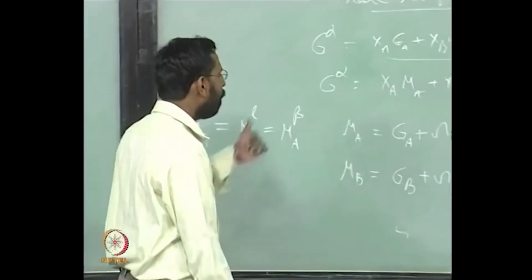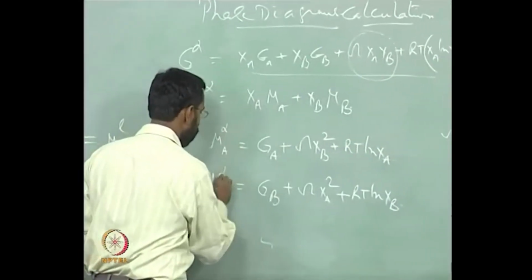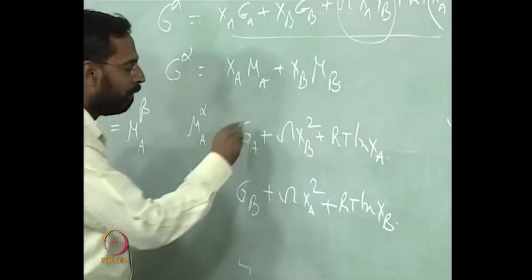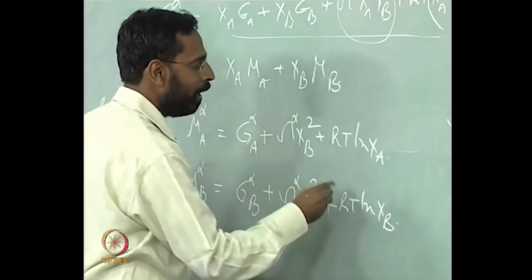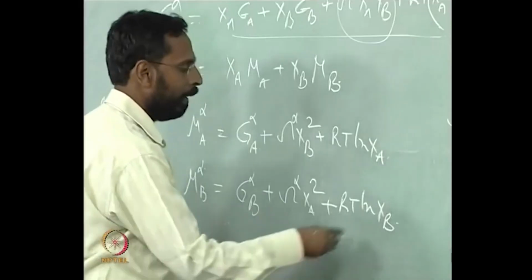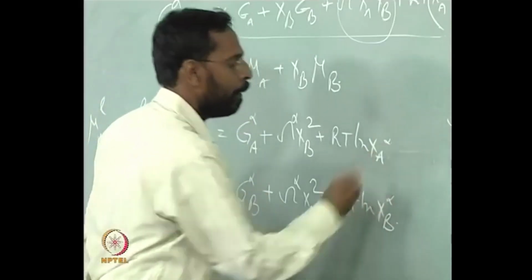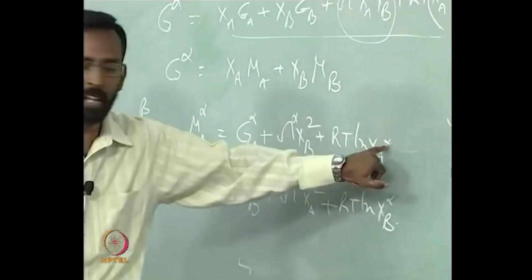This is for a particular phase alpha. This is GA alpha, GB alpha, omega alpha here, and RT ln XA alpha. Why do I have to say alpha here also?